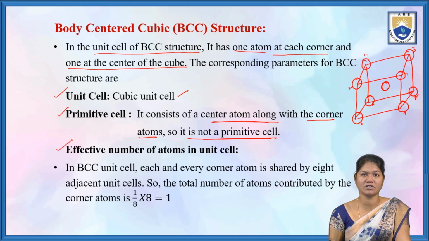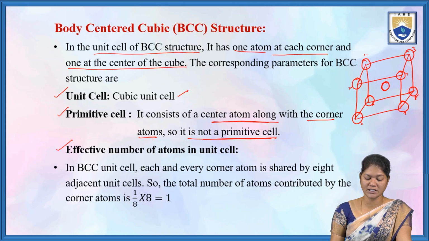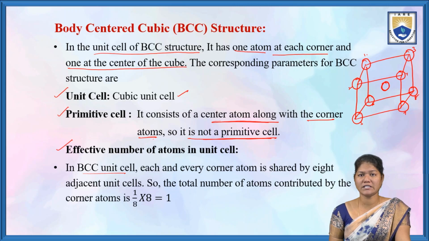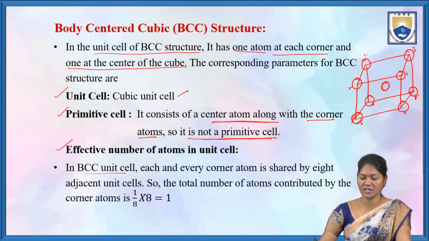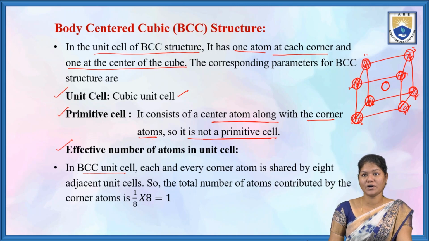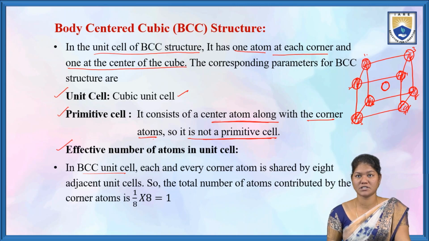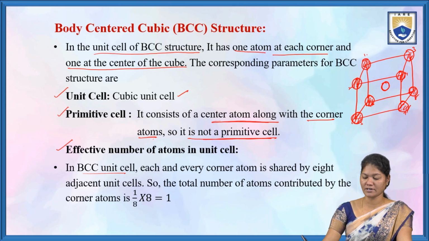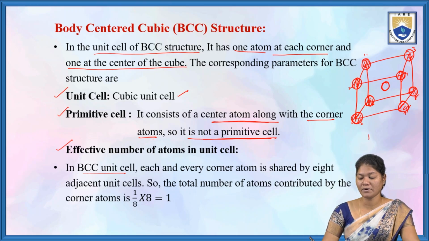Effective number of atoms in the unit cell. In the BCC unit cell, each and every corner atom is shared by 8 adjacent unit cells. So the total number of atoms contributed by the corner atoms is 1 by 8 into 8.